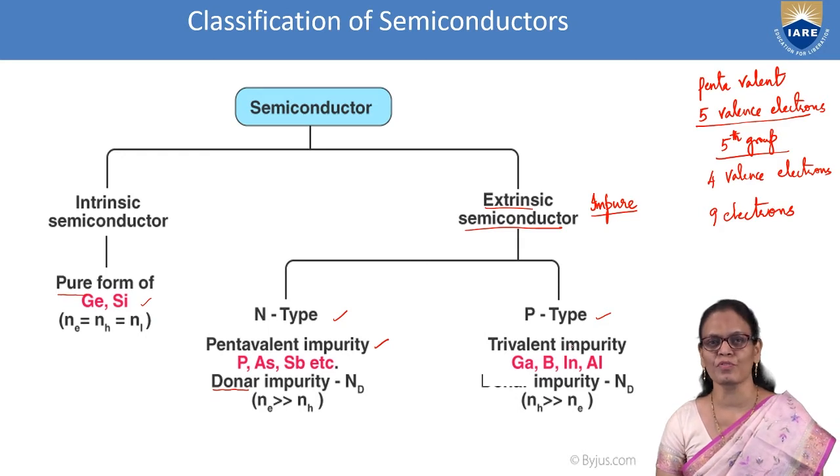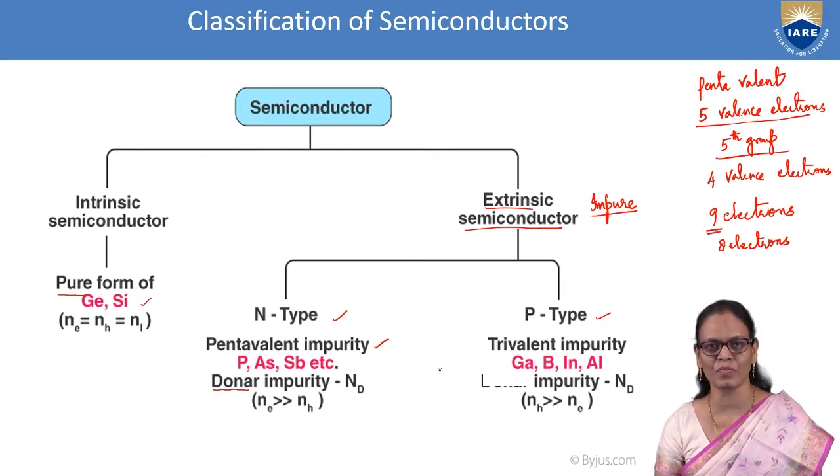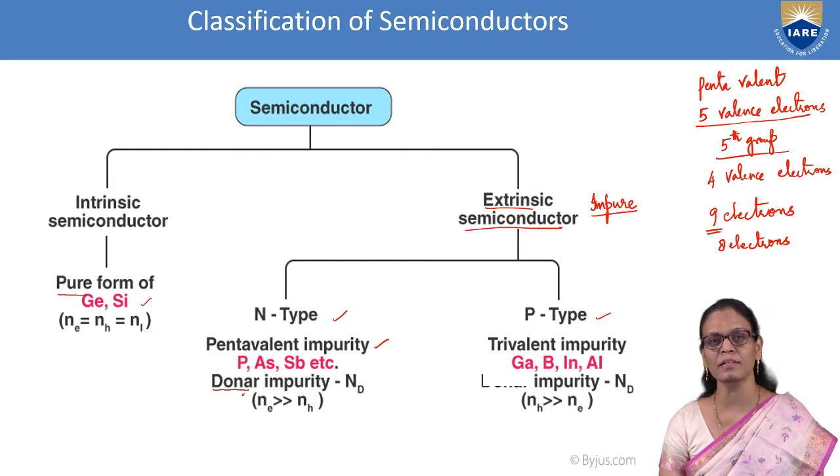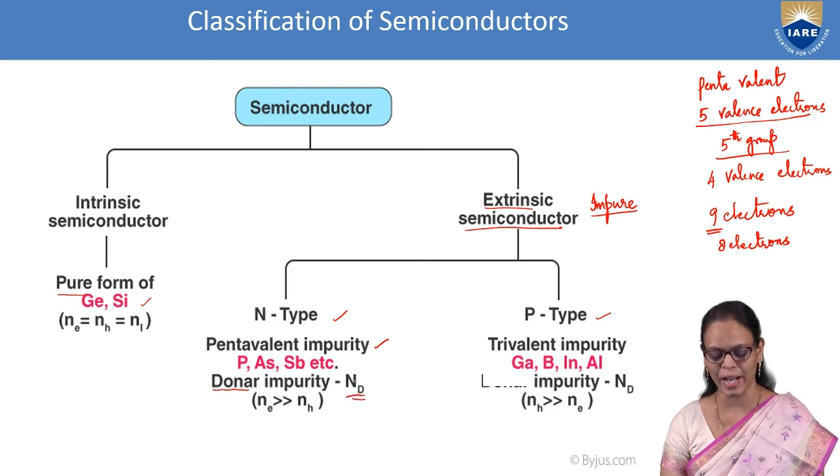And we all know for stable configuration, we need 8 electrons in the outermost orbit. So, 1 electron is always free. It is ready to donate that electron. So, we call it a donor impurity, and the concentration is denoted by Nd. In a donor impurity, Ne, the concentration of electrons, is much higher than the concentration of holes.